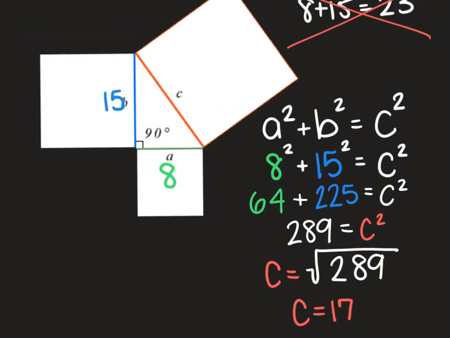So our side length of the hypotenuse is going to be 17. So now we have 8, 15, 17, that's our triangle. If maybe you didn't think of 17 and you just put 289, you could look at this and know that that's probably not going to make sense. So we're going to stay away from things like that.